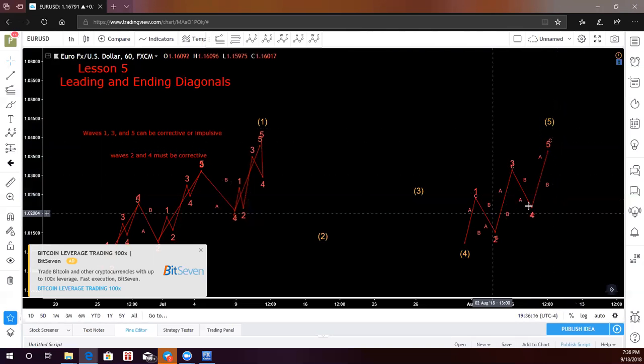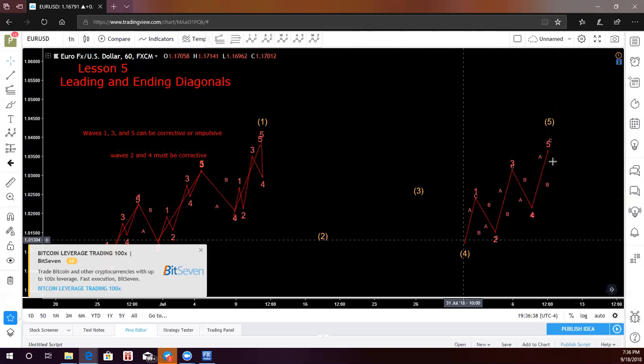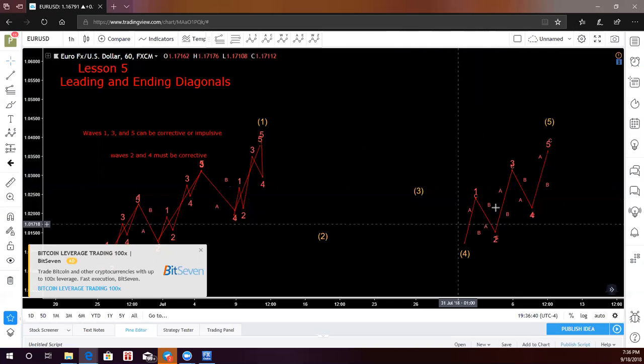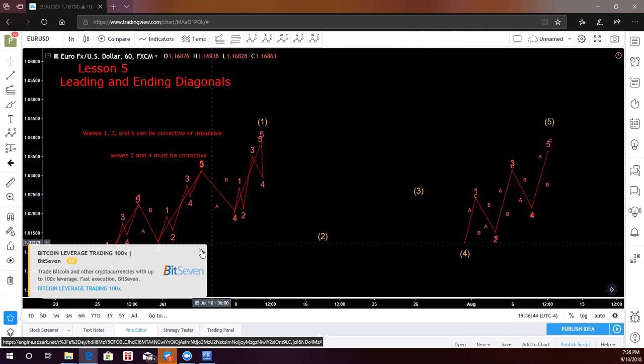One of the rules for an ending diagonal, or more so a guideline than a rule, is that wave 4 in an ending diagonal does not have to enter the price of wave 1, but it normally does. And also, an ending diagonal is only going to consist of a 3, 3, 3, 3, 3 movement, so 5 3-wave movements.